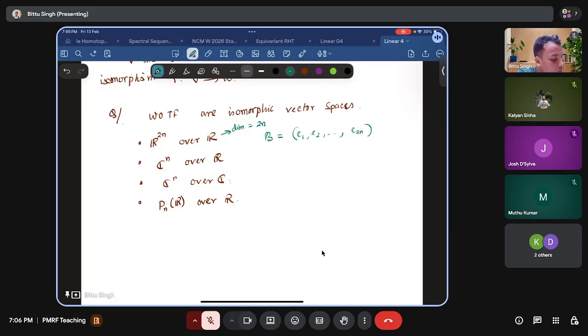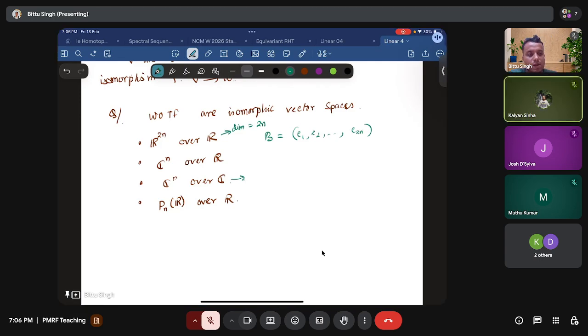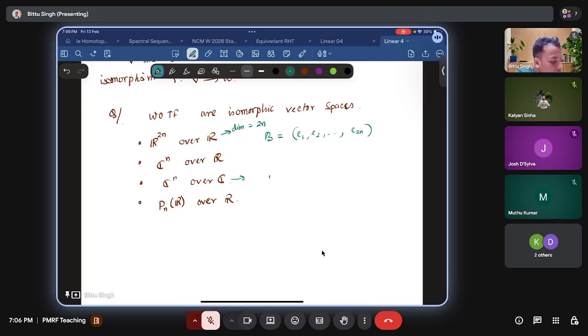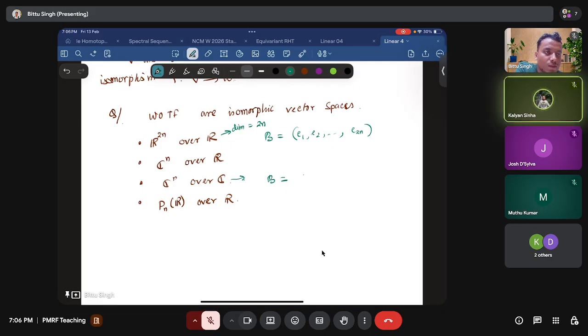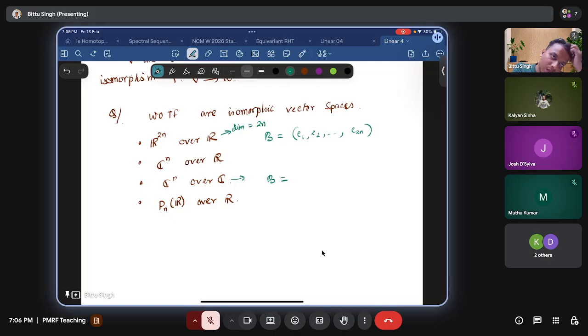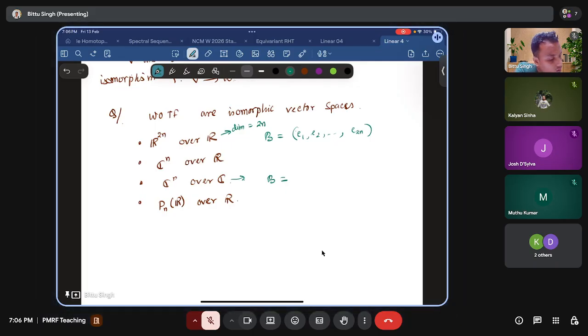Now what about Cn over C? What will be the dimension in this case? N, sir. N. So how can you see the dimension is n? What will be a basis element for this? Basis element is the set of complex numbers. Yes, that is correct. But can you give me an ordered basis for this Cn?